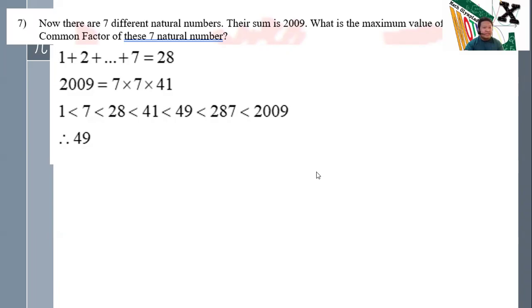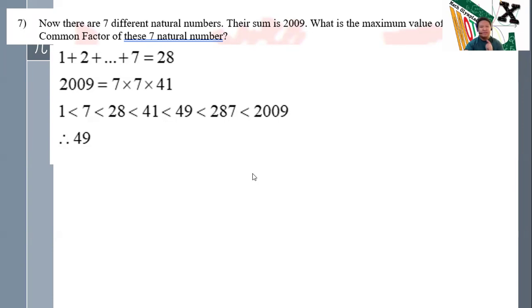HCF is the highest common factor, or GCF, greatest common factor. So what is the greatest common factor here? How do we solve for this situation?